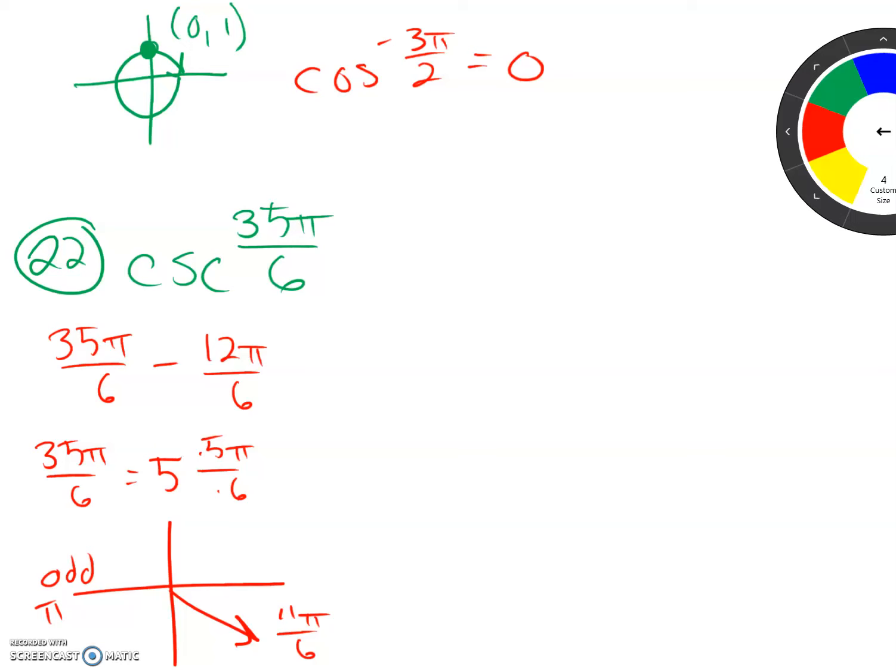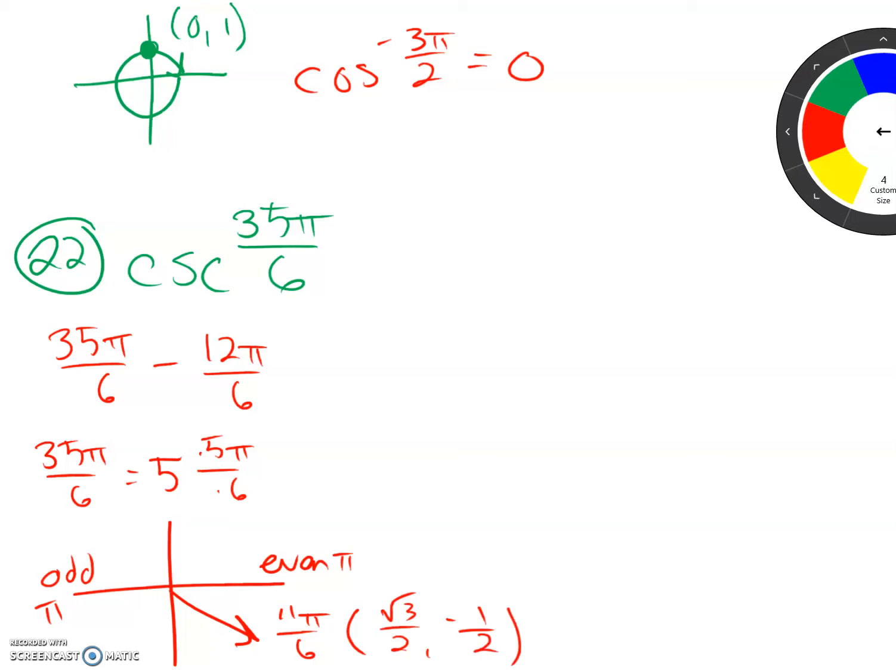Another way to think of that is 35 divided by 6. That's almost 6. Well, 6 is an even pi, so if we're almost to 6, we have to be in quadrant 4. Either way, you've got to know you're in quadrant 4. You can know your coterminal angle is 11 pi over 6. And if you know that, you know your coordinate would be root 3 over 2, negative 1/2.